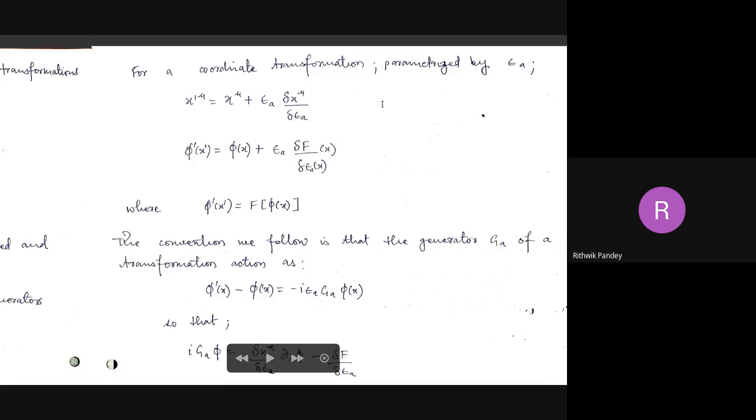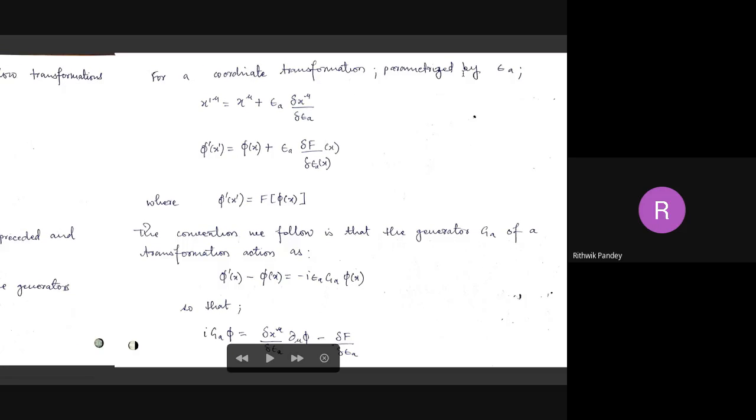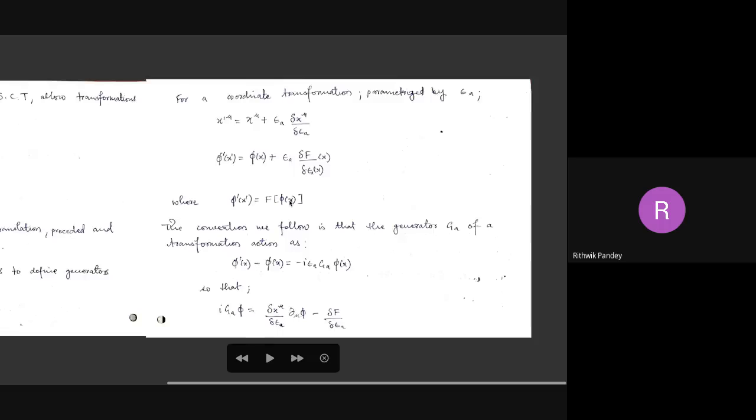So for a coordinate transformation with parameter epsilon a, x mu prime is equal to x mu plus epsilon a del x mu by del epsilon a, and the corresponding field transforms in the following way, where phi prime x prime is equal to f of phi x.